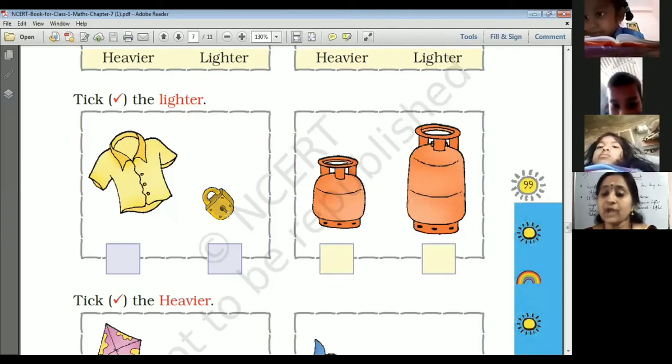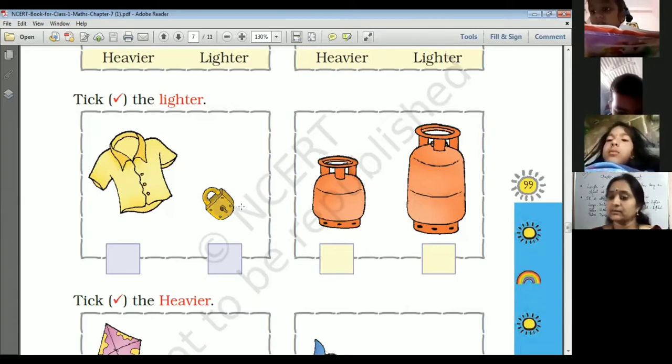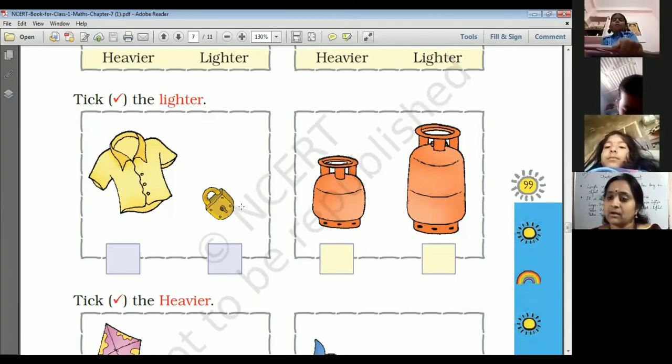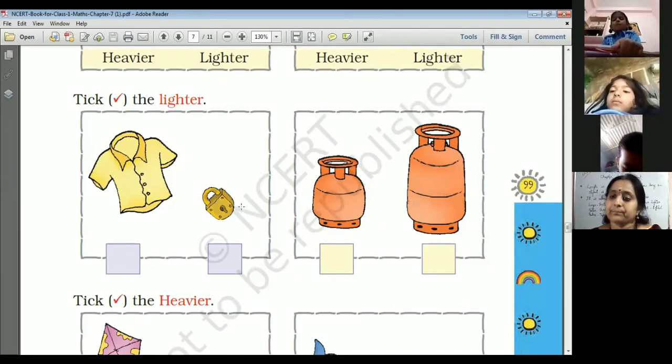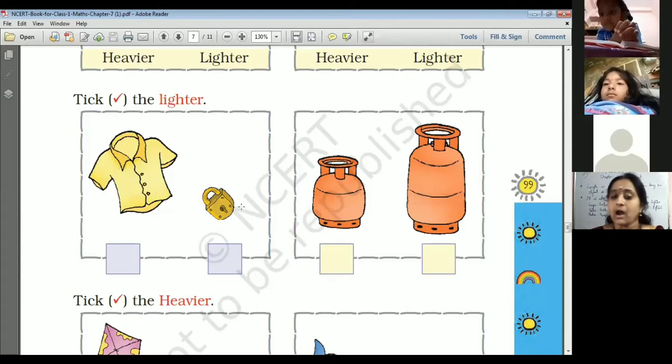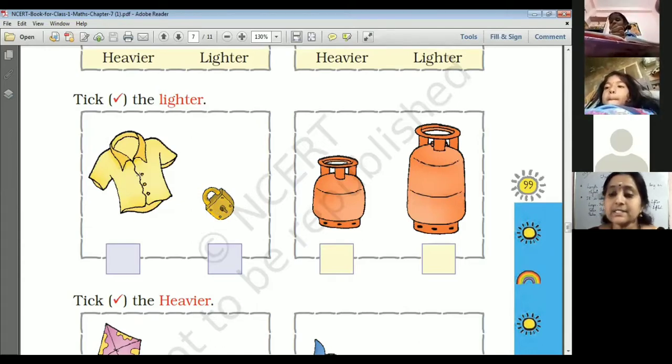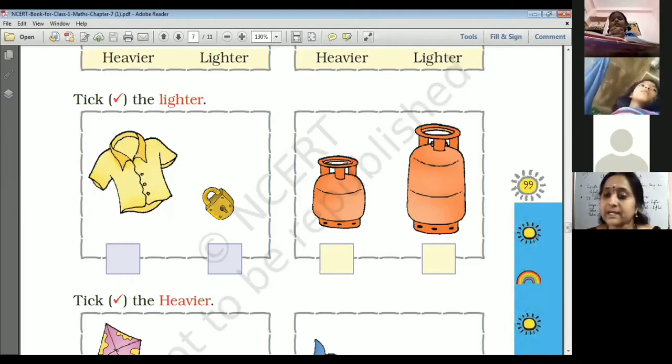If you have a lock and a shirt at your home, just hold them and tell me which one is lighter. The lock is a metal. The shirt is cloth. So the lighter object is the shirt here.